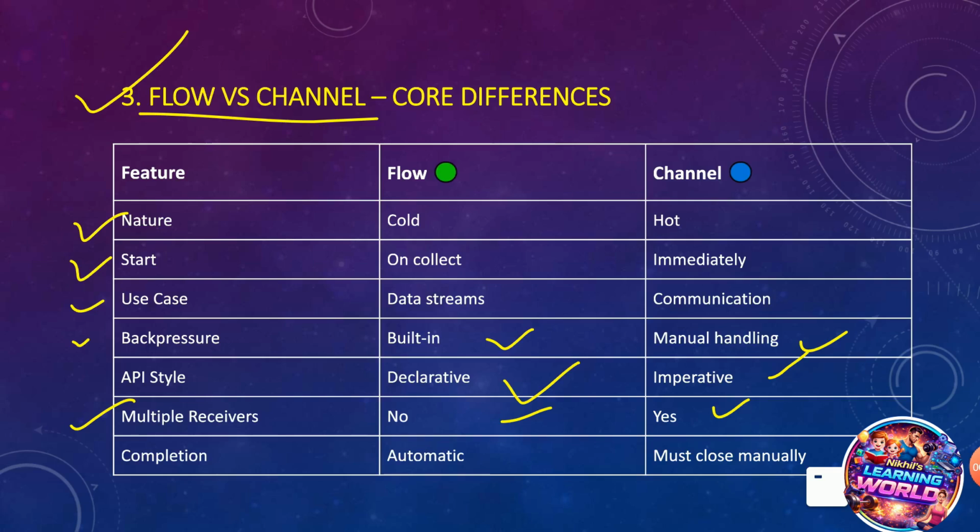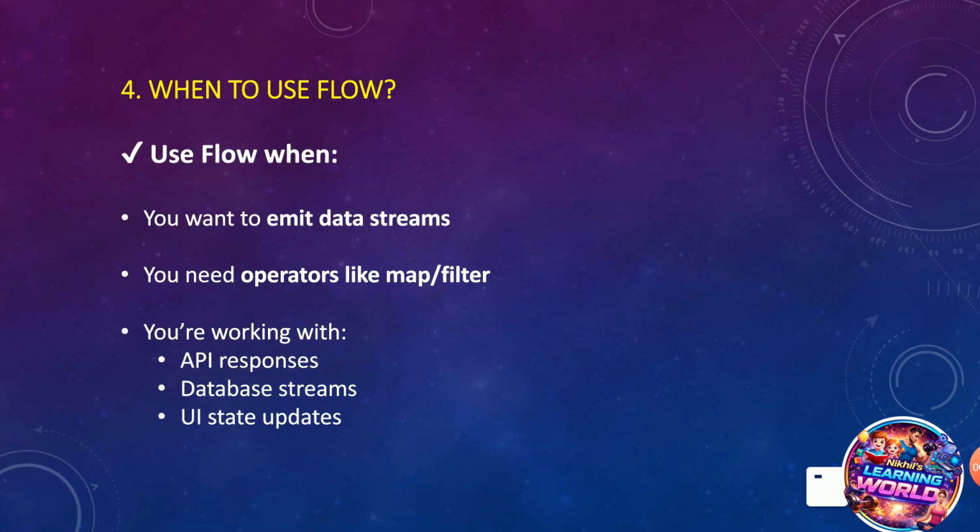Next is when to use Flow. That's very important. Whenever you want to emit a data stream, that's Flow. So you can use it there. You need to operate with map and filter.